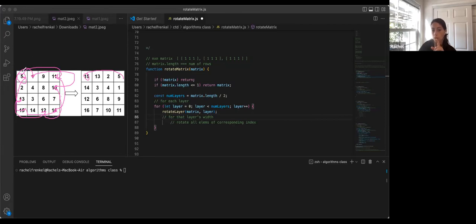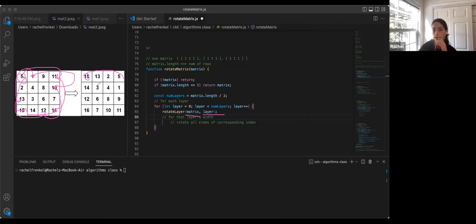We need to know where to start and where to end, right? We know which layer to start with, the 0th layer. Now we're going to go to the first layer, and we need to know where we start, because we're given the entire matrix each time. Rotate the layer: we're given the matrix and the layer number.